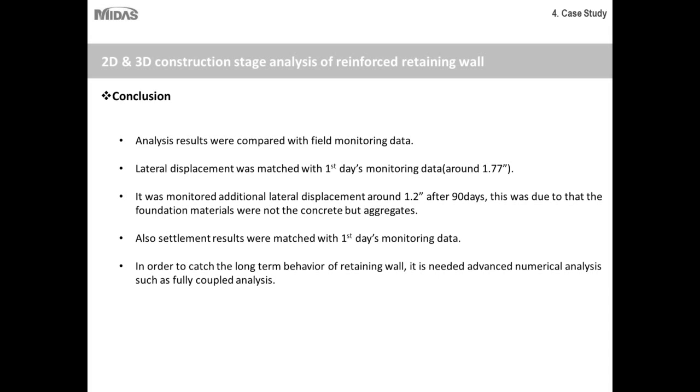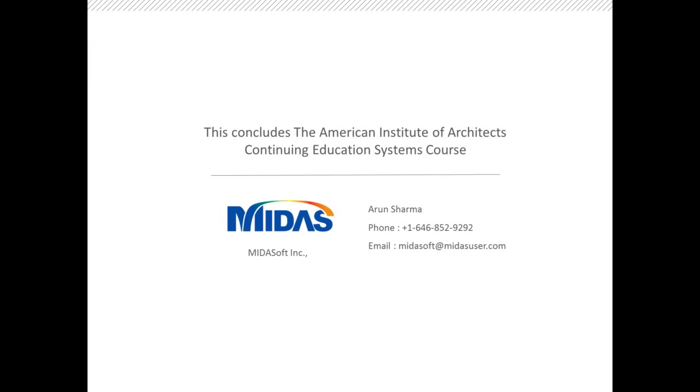And if you were in the previous session, then you would be able to appreciate that for these kinds of slope stability and retaining wall design, you have to consider the fully coupled analysis, which is consolidation as well as slope stability. So these checks were performed, and if you are curious what software was used, they used Midas GTS for this project, and this project was turned in by one of our clients.